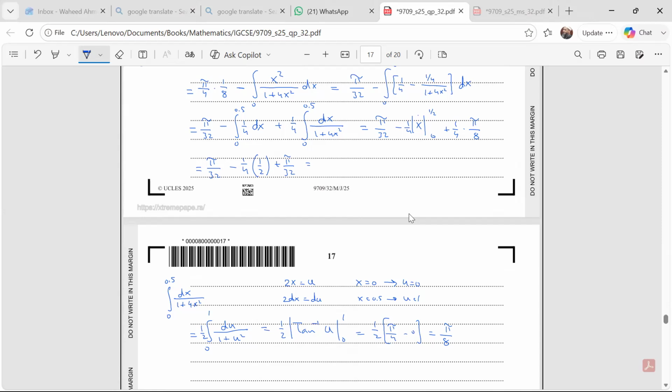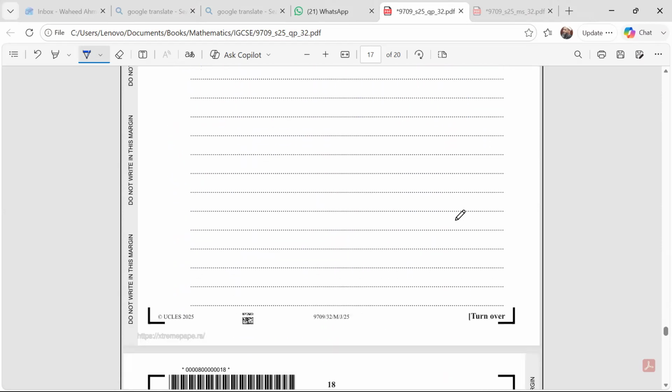So this plus this will become pi by 16 and minus 1 over 8. So the final answer is pi by 16 minus 1 by 8. I hope you understand every step and the logic behind every step.